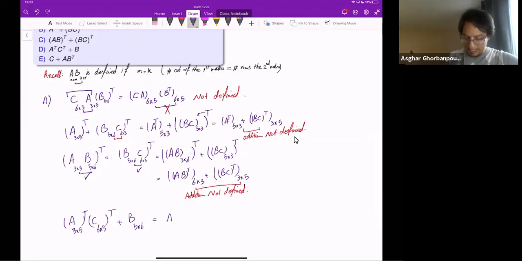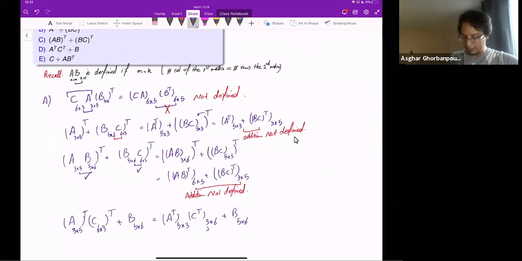So this is A transpose. When you find the transpose, you will switch this, and for C transpose the number of rows and columns will switch, and then you have B, which is 5 by 6.